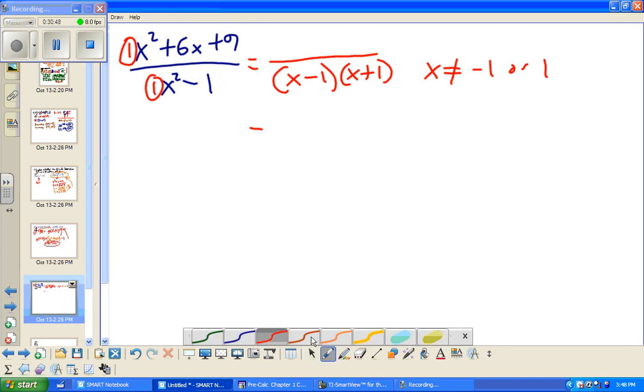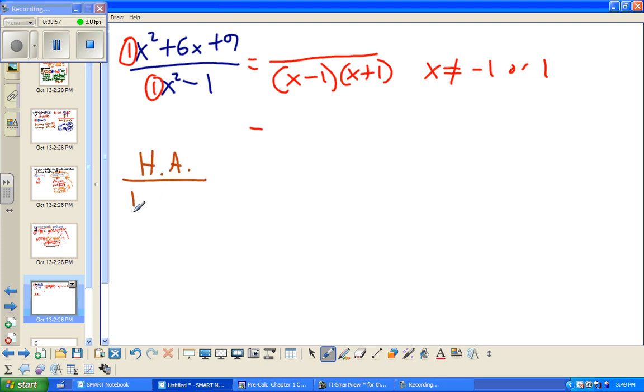I'll write down the work that's needed. So for the horizontal asymptotes first, I would need to check the limit as x approaches -infinity of my function. That's an x, by the way.